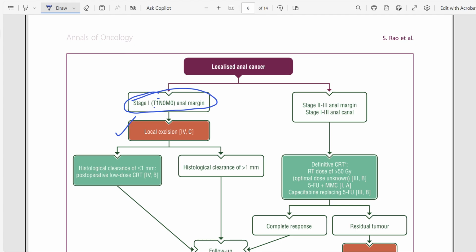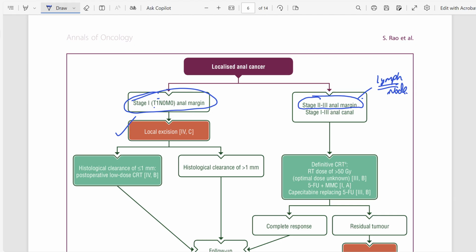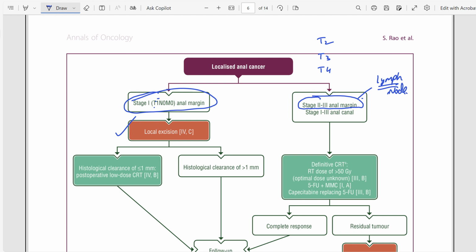But what about stage 2 and 3 anal margin cancer, with lymph node involvement? T2 would be involvement of the muscular layer, and T3, T4 would be penetration.